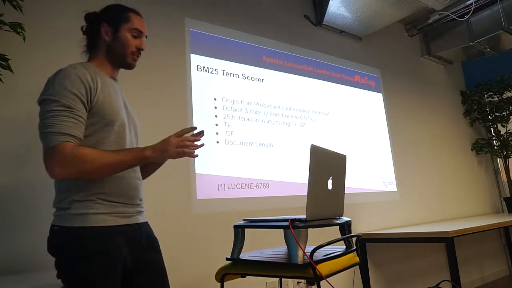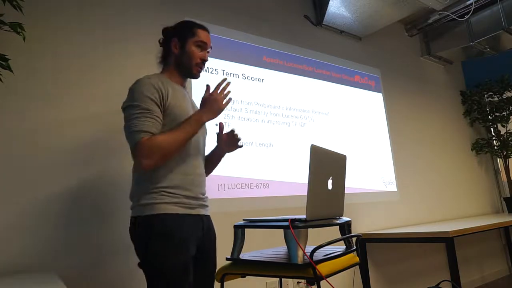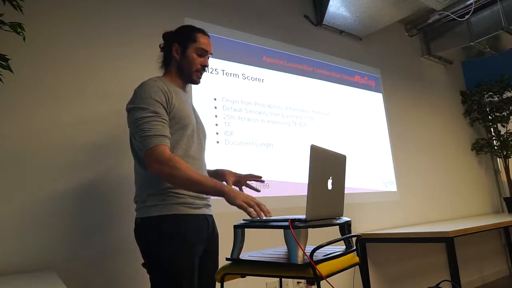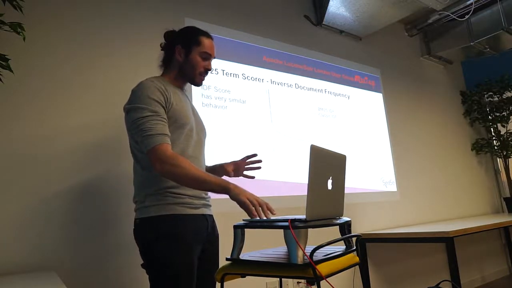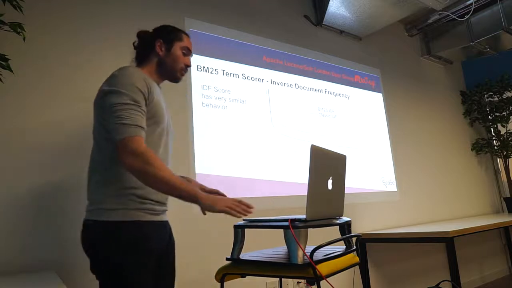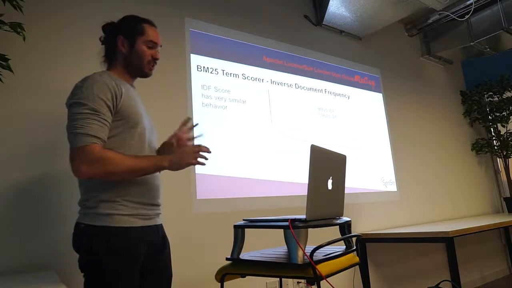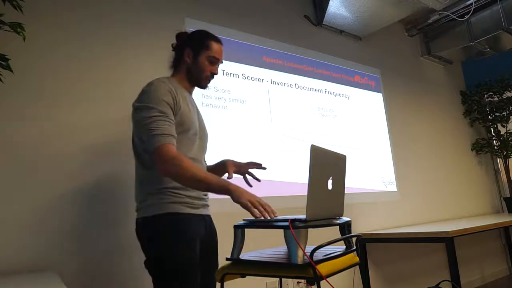It's based on the same concepts: term frequency, inverse document frequency in the corpus, and the document length, but in a slightly different way. The inverse document frequency component of the term scoring is pretty much the same, so we can ignore it.